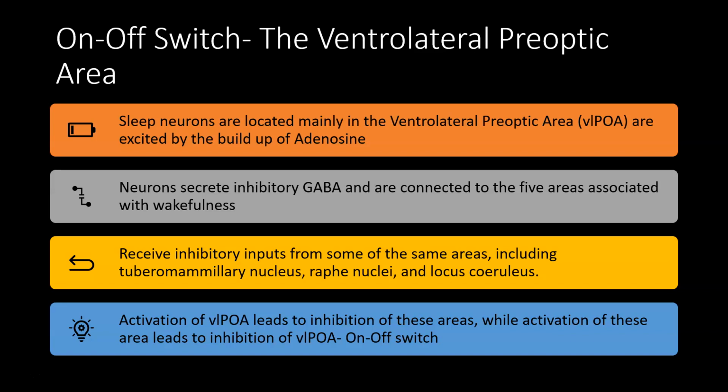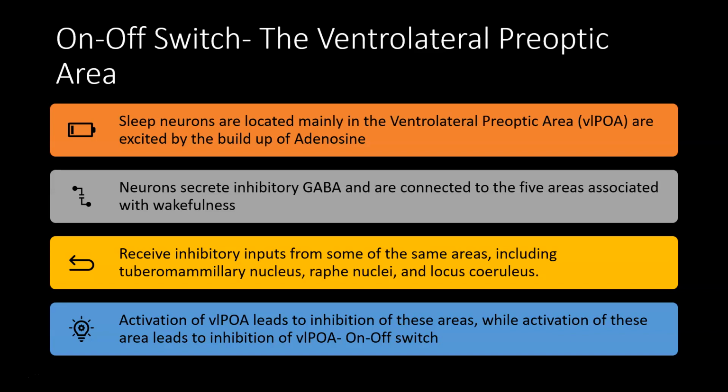How this works is that sleep neurons are located mainly in the ventrolateral preoptic area, the VLPO, and they are excited by the buildup of adenosine. This is where adenosine comes in. Neurons from the VLPO secrete inhibitory GABA and are connected to the 5 areas associated with wakefulness.